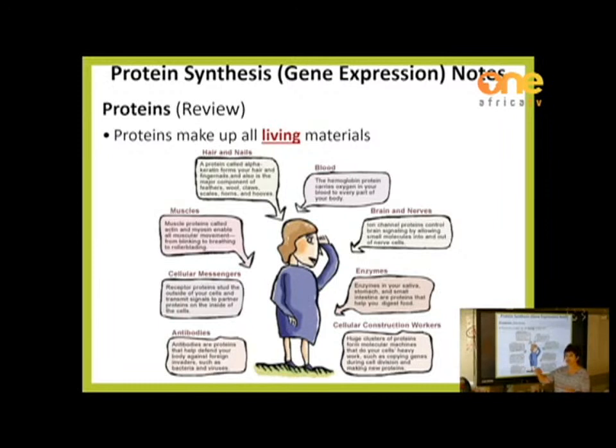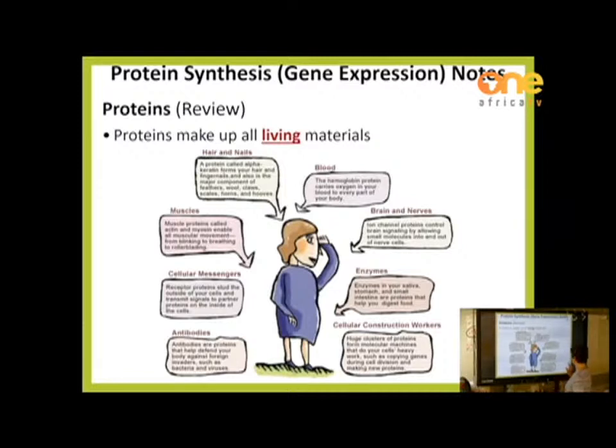Cell messengers, the receptors at the cell surface membrane that need to communicate with the inside of the cell. And also hormones are messengers, chemical messengers made out of proteins. Then we have the muscles and the hair and nails. We also divide proteins into globular and fibrous proteins.